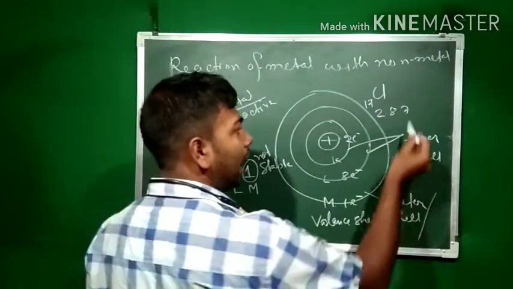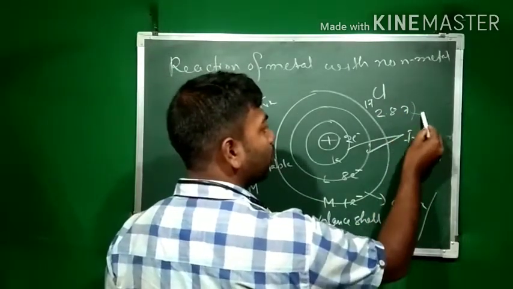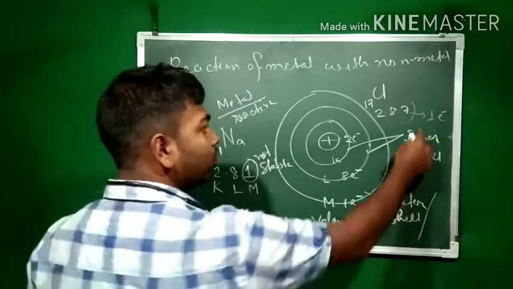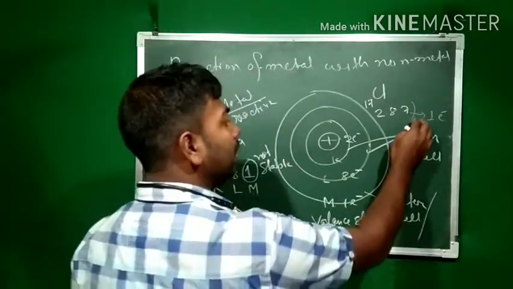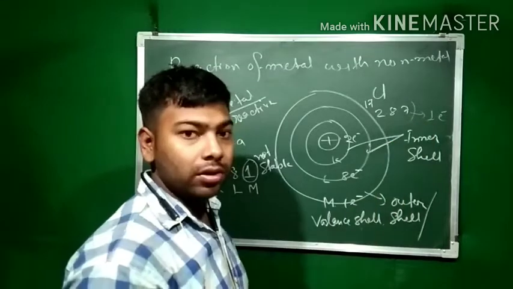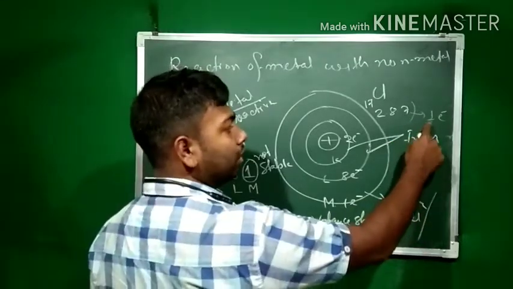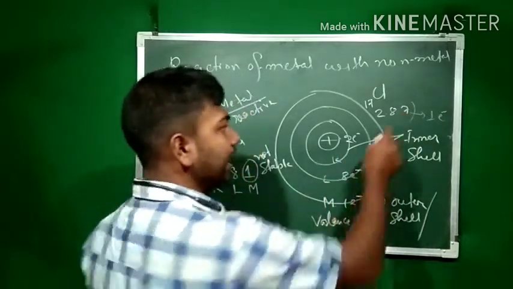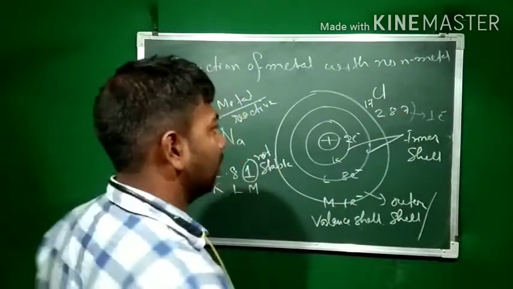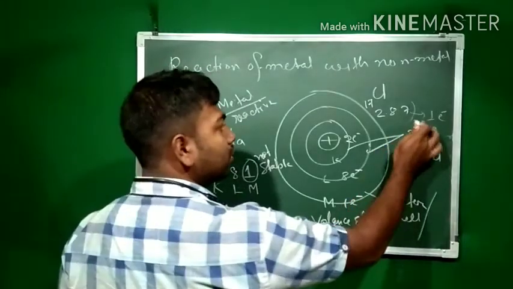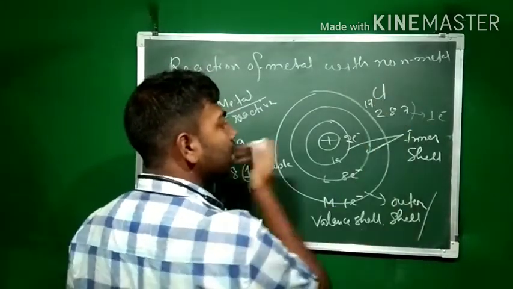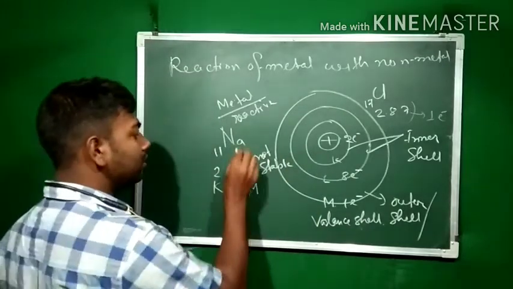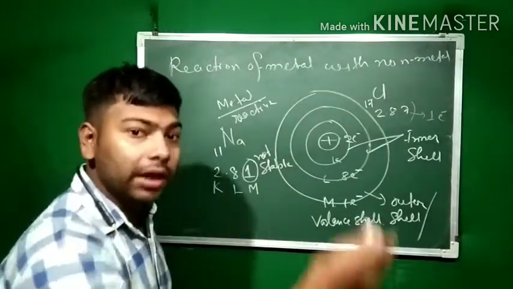That means according to the octet rule, it needs only 1 electron to become a stable configuration. Octet means 8. So now see, this species, chlorine, wants to take an electron, but the other one wants to give an electron.